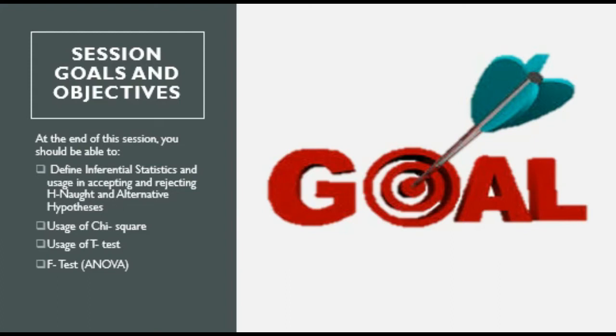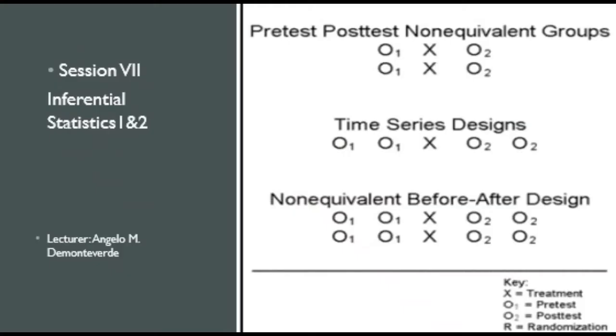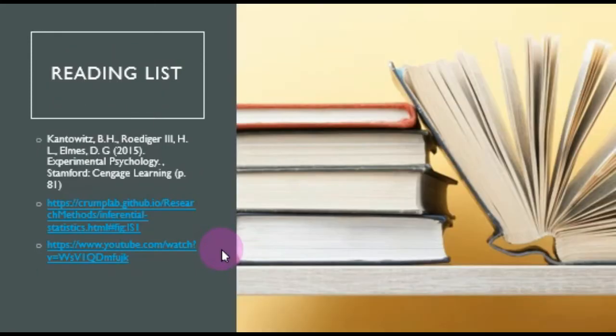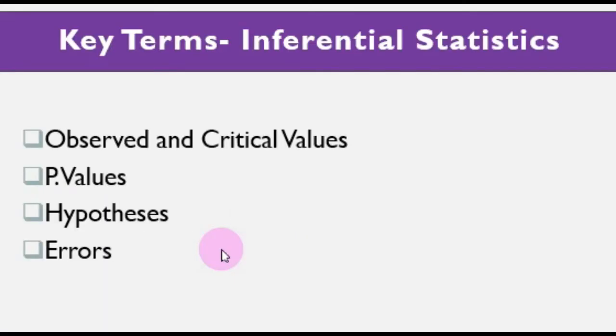Okay? So, titingnan natin ang session objective and goals: using of chi-square. Paano ginagamit si chi-square? Paano ginagamit si T-test, si F-test, or ano ba? Okay? So, in inferential statistics, ito yung mga key terms na kailangan natin tatandaan: observed and critical values.